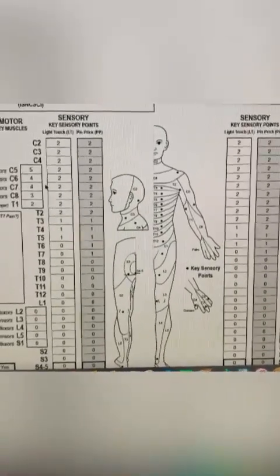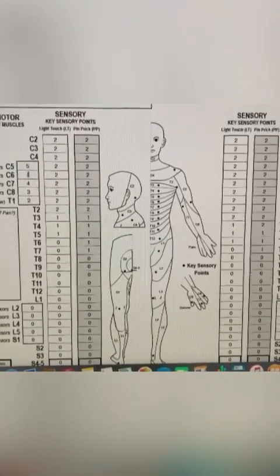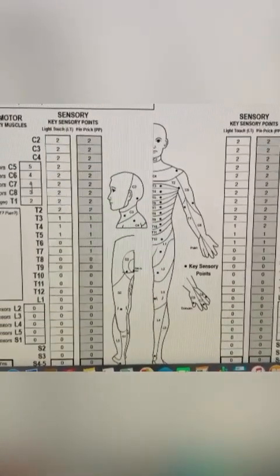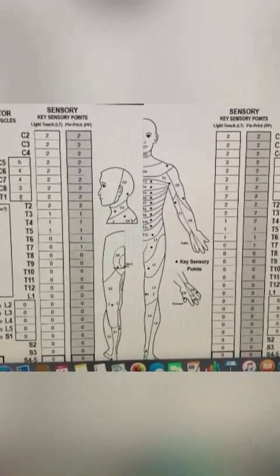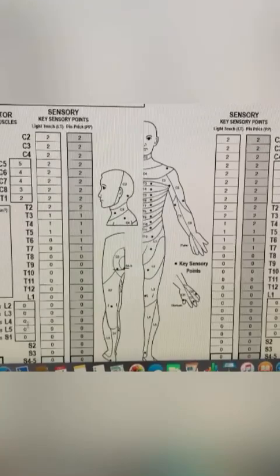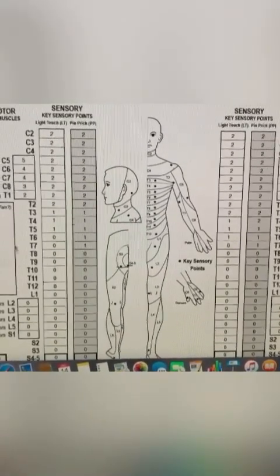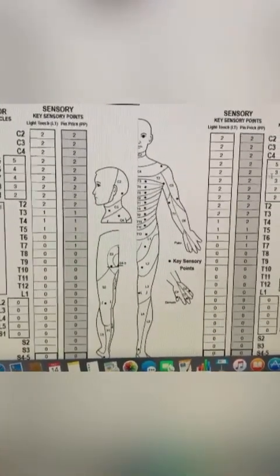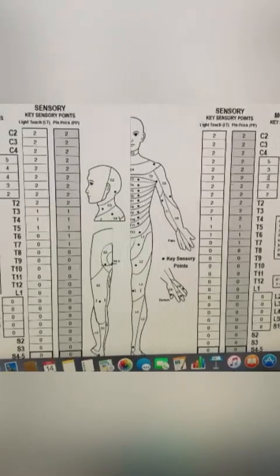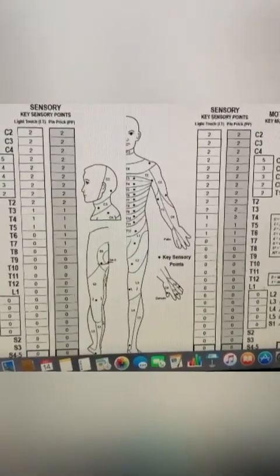So here, if we go to our neurological level, which is C6, we see that we have some 3s, 2s, but then we have all 0s. So more than half of the muscles are less than 3. On this side, we have 1, 3, and then the rest is 2 and 0.